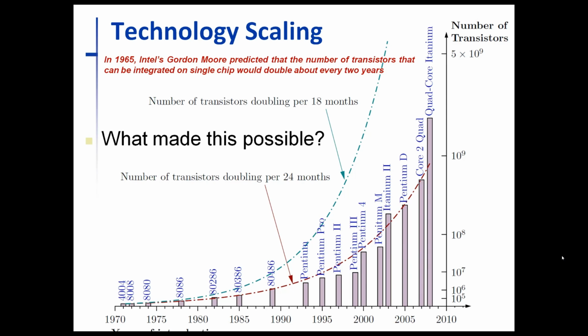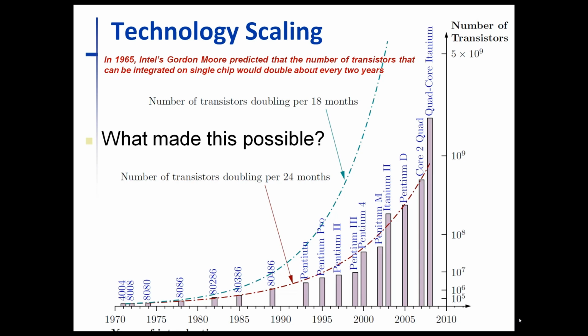For a small example, say if we had 100,000 transistors in an 8080 processor, when it comes to 8086, we had say 500,000 transistors or something around that. So what made it possible for us to jam all these transistors into the chip?